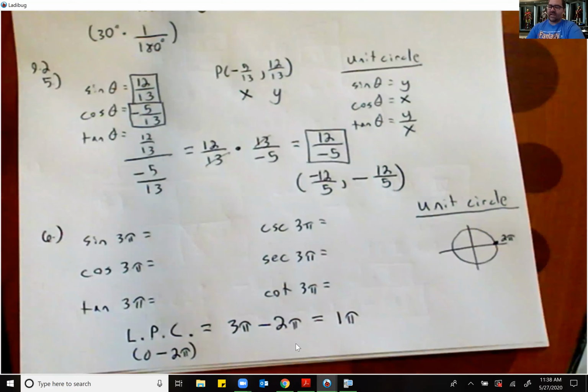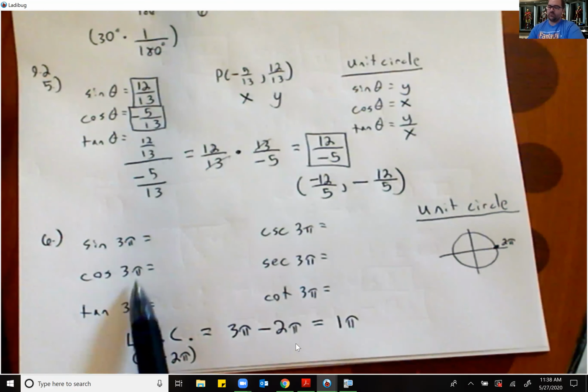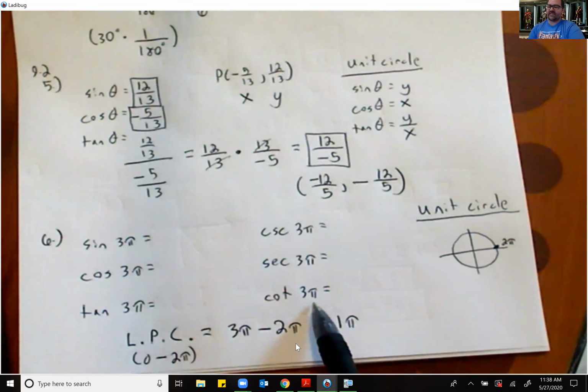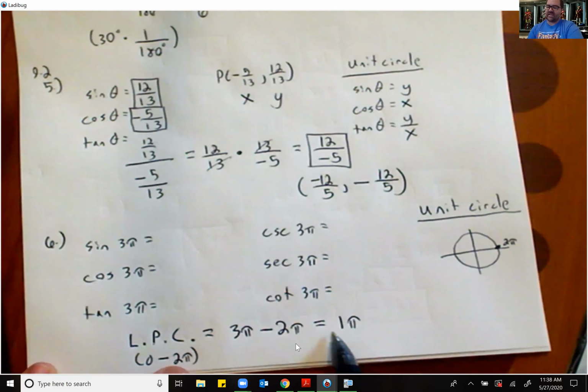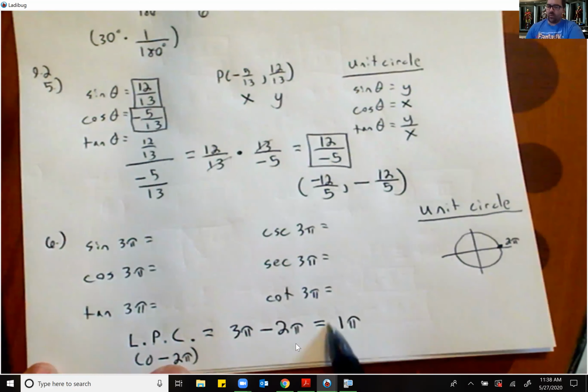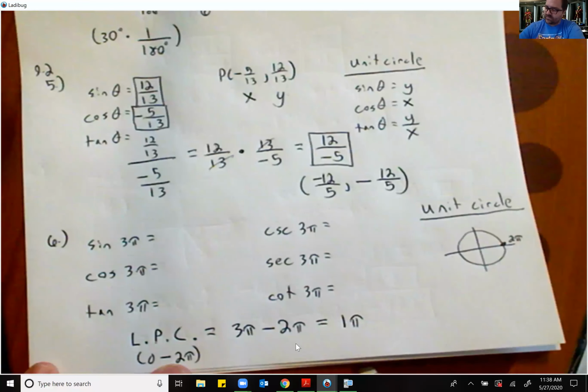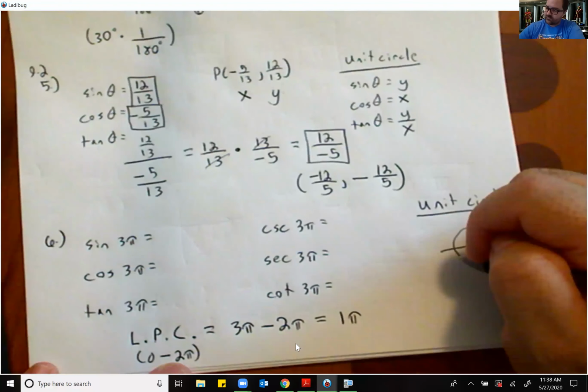All these answers are really going to be the same answer as whatever happens at 1 pi. And 1 pi is 180 degrees. Since you're on the unit circle, what is this point? That point is -1, 0.